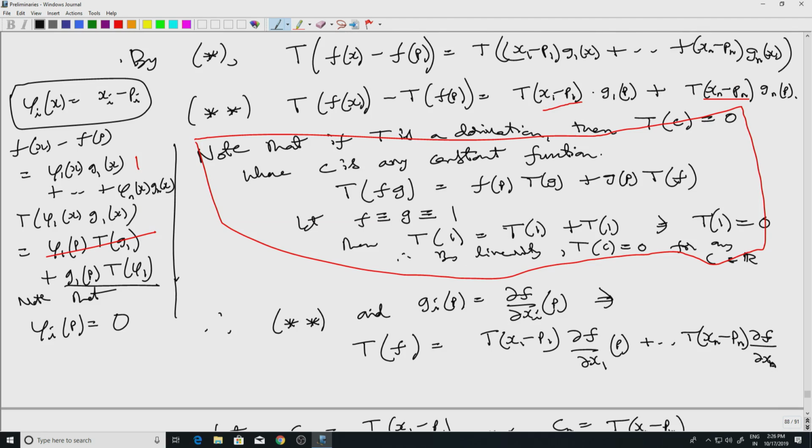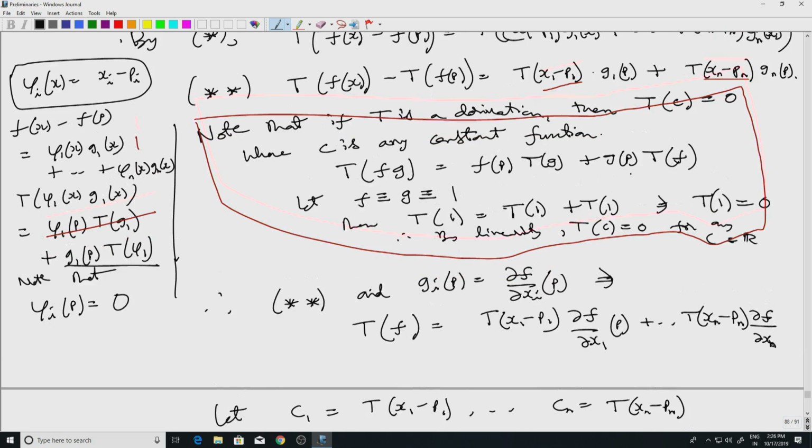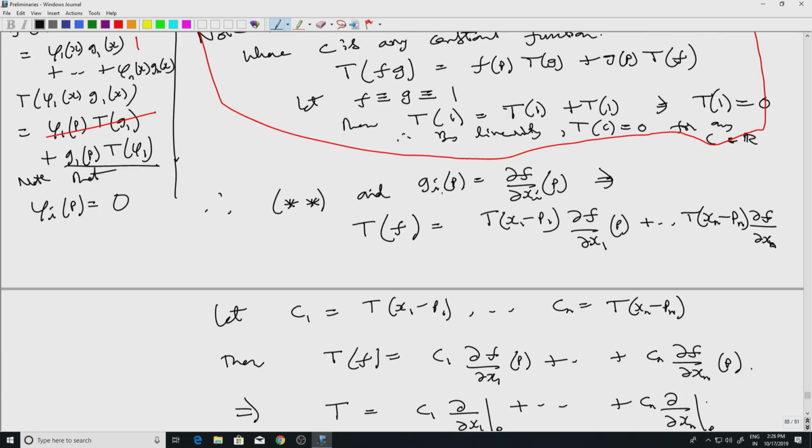We can also simplify the right hand side a bit more. Namely, we know exactly what g1p, g2p are. The lemma tells us that gip is del f by del xi at p. Therefore, I can write T of f is T of x1 minus p1 times del f by del x1, etc.